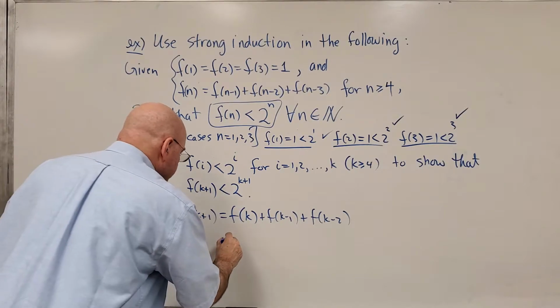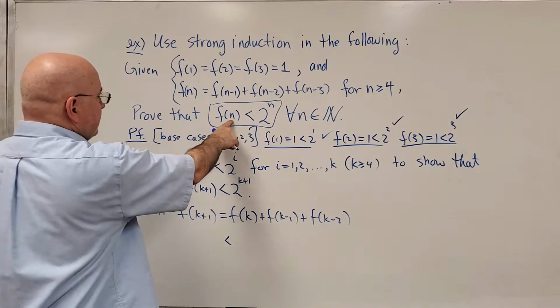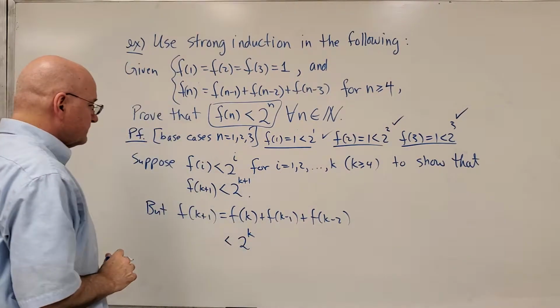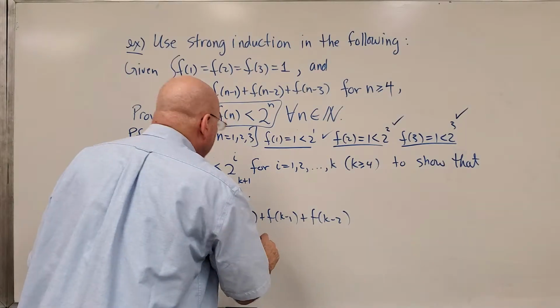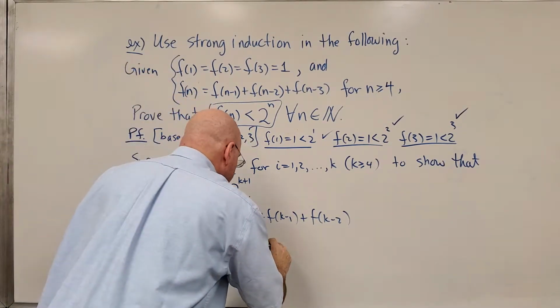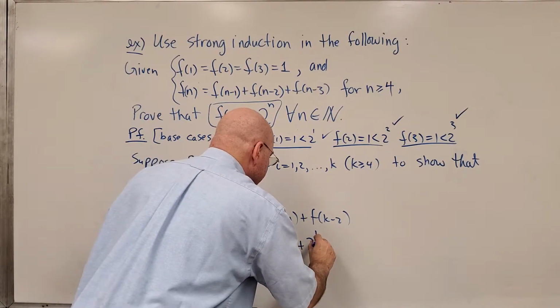All right, what do we know about f of k? f of k is less than 2 to the k. Plus, f of k minus 1 is less than 2 to the k minus 1. Plus 2 to the k minus 2.